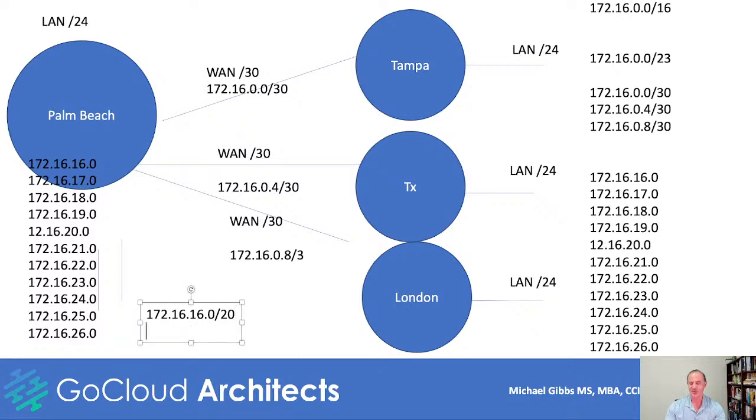Slash 20, what's that mask going to look like? 255.255.240.0. I want to make sure I got that right: 128 plus 64 plus 32 plus 16 is 240. Yep, got it right.